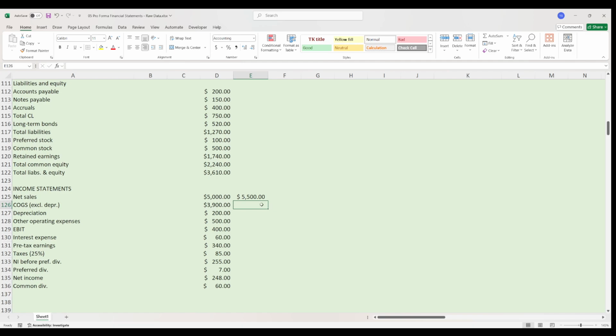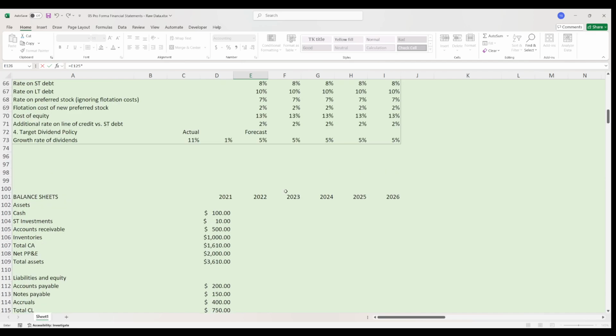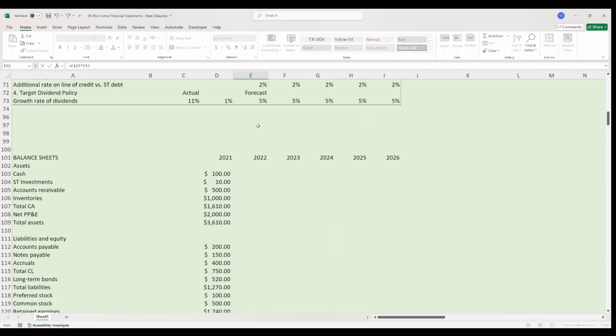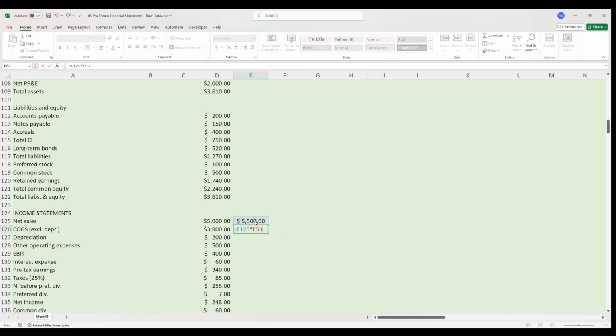So when you're looking at what to predict for the given inputs in the model, all you need to do is just to read whatever is there for the row title so that you know what's going on. So for COGS, again, I'm gonna use this 78% multiplied with sales, right?